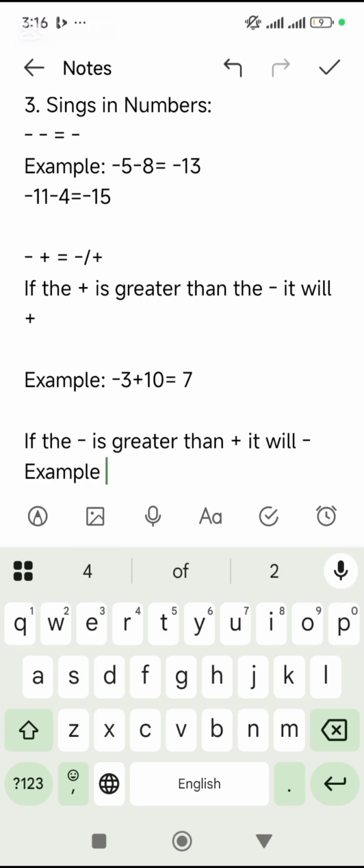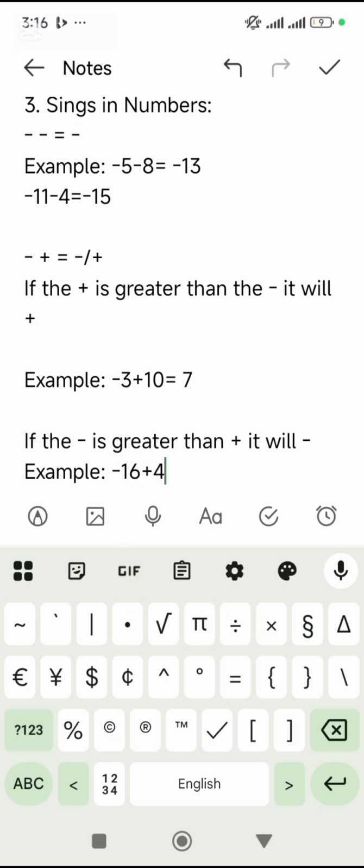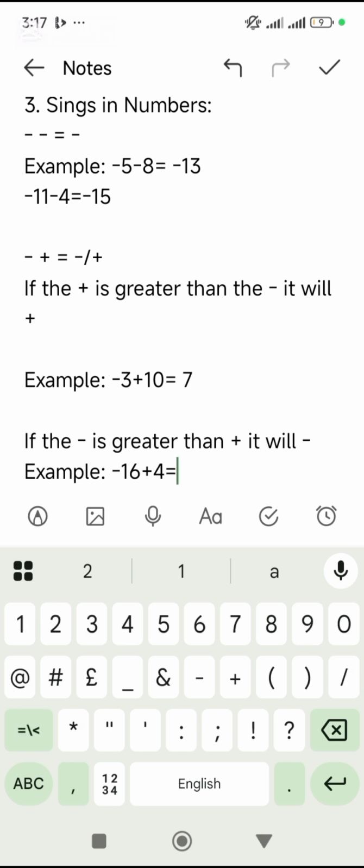Example, let's say we have minus 16 plus 4. You see that the negative is a larger number compared to 4, so the answer would be 14. That is minus 14. The answer will be minus 14.